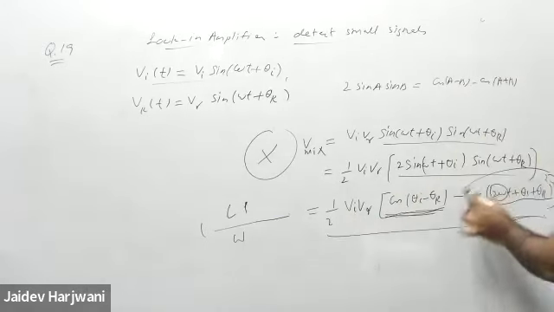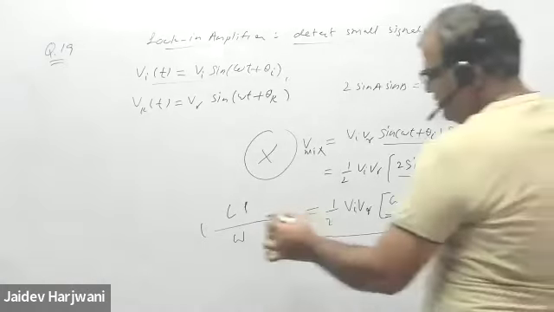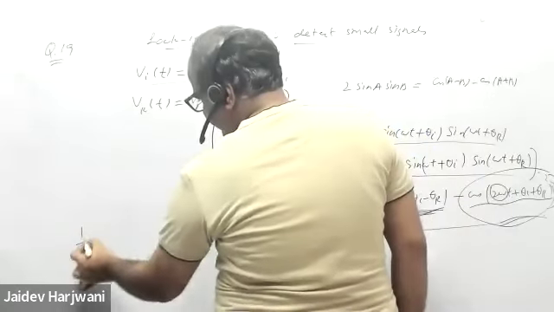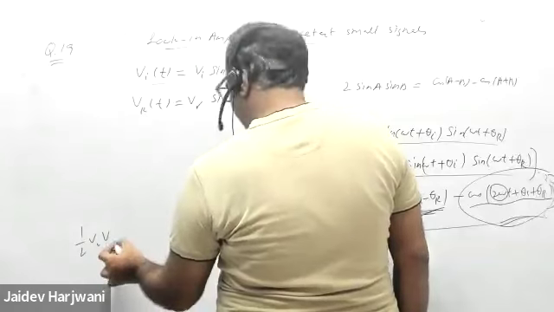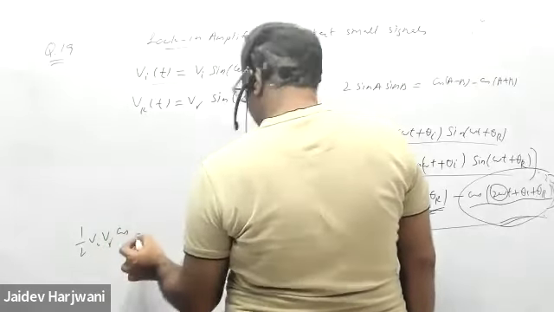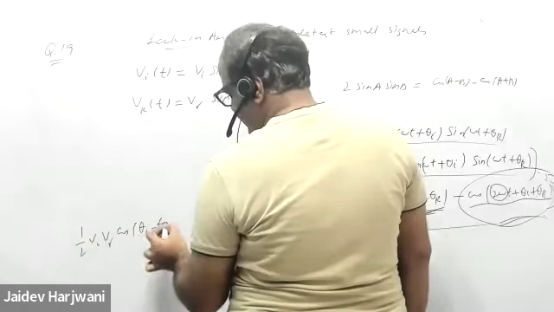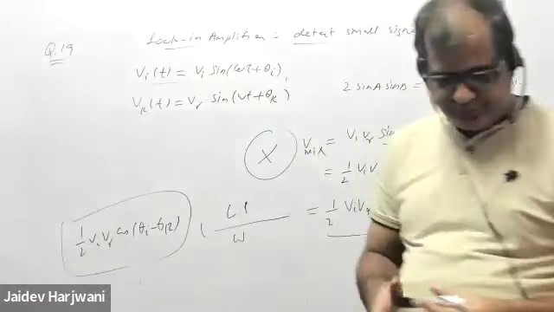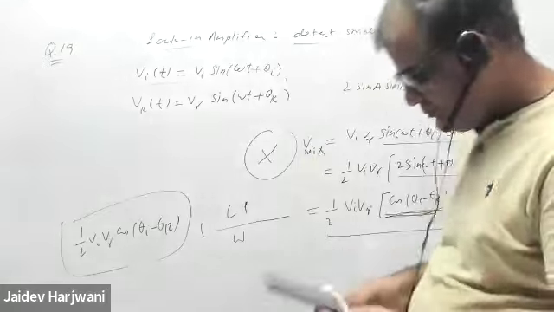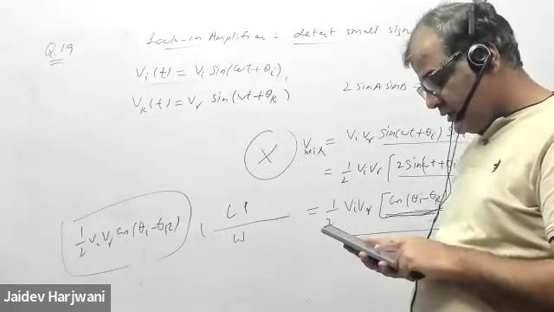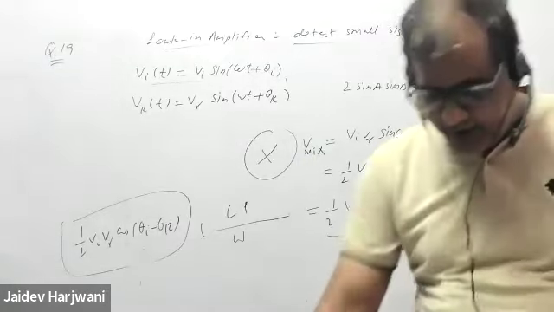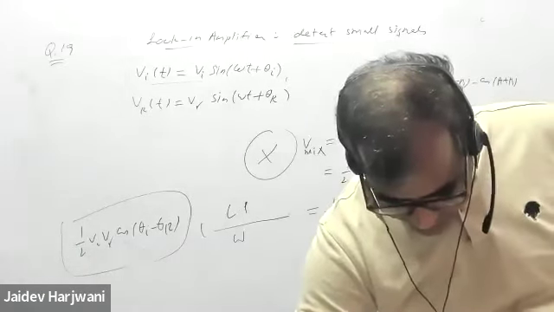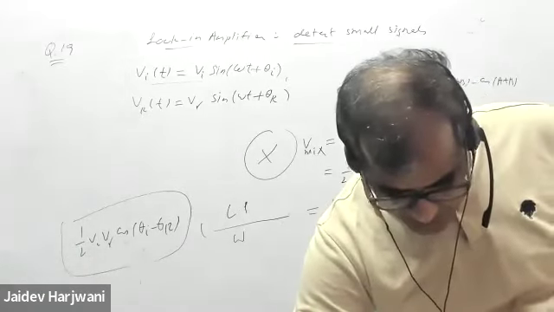So when I pass this through the low pass filter, my output will only be half Vi Vr cos of theta i minus theta r. This should be the option. So option A should be the correct answer for question number 19.